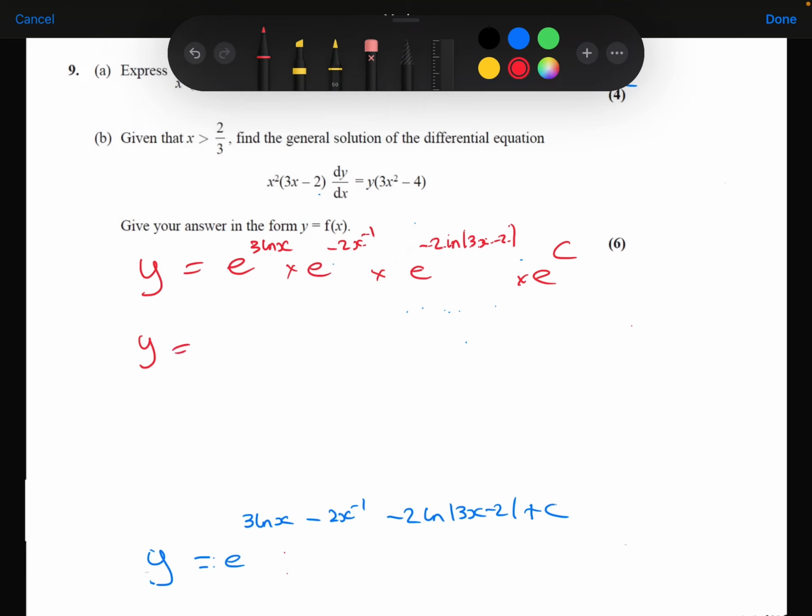Right, now in order to simplify this even further, I can move this 3 up to be a power here, so it'll be an x cubed.